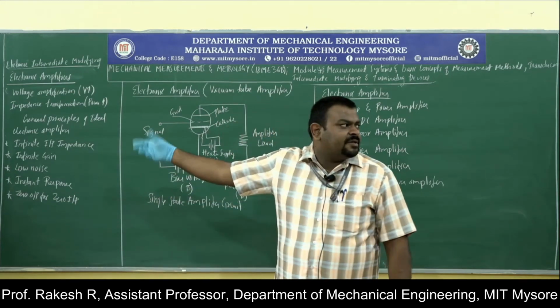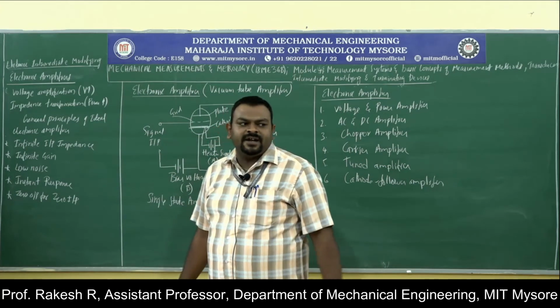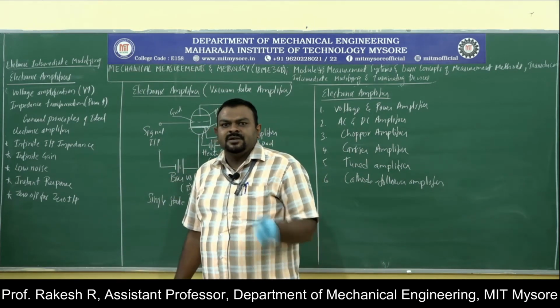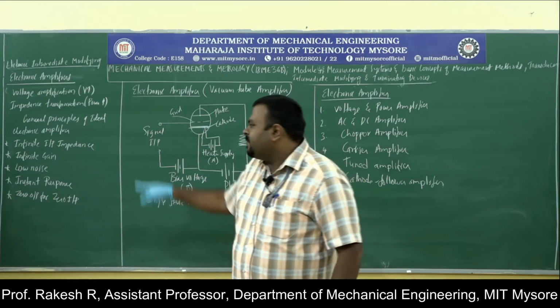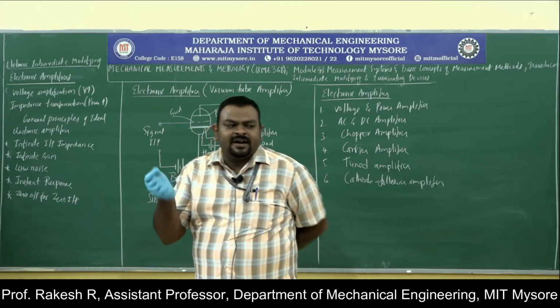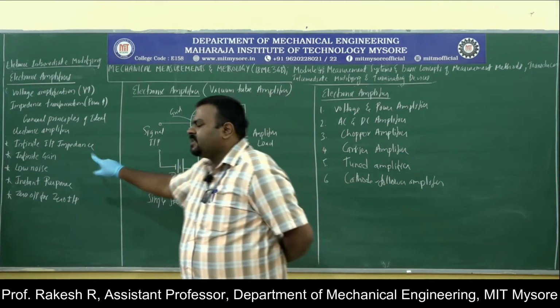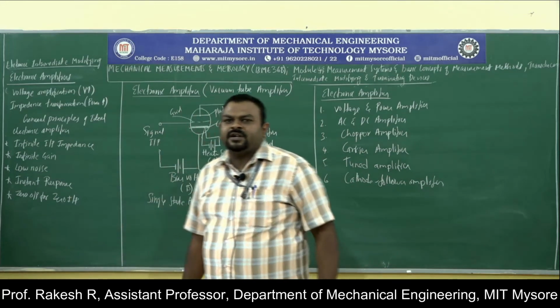Since the value of resistance is infinite, the gain can also be infinite. Then low noise. Since the current is reduced, the noise will also be less. If the current is low, the frequency of the circuit will be low, because of which the noise will also be low. A very big advantage in electronic amplifiers.